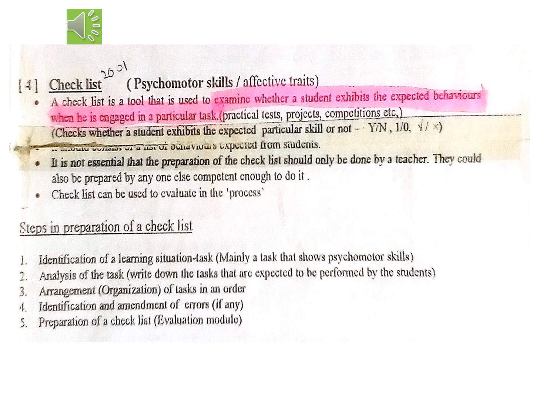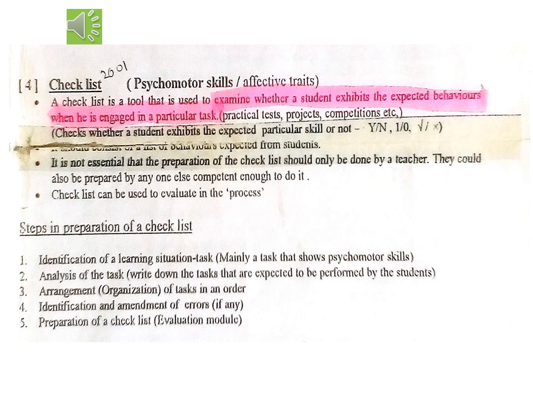It's a skill. Whether the child can draw the digestive system correctly or not. Whether the child can dance a particular step correctly or not. Whether the child can pronounce the words correctly or not. So whether a student exhibits the expected behaviors or the task or not. That's the checklist.